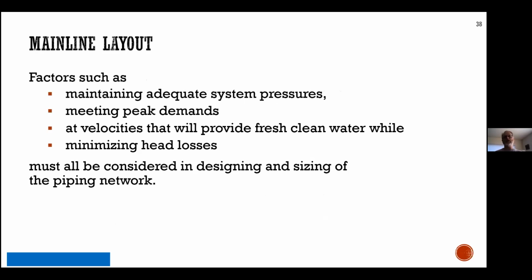Now, how engineers do that, again, preserving the hydraulics, preserving the static and dynamic head in the system. We want to keep enough pressure in the system to meet peak demands, to meet emergency demands, but also minimizing velocity. So we look at different ways of connecting the pipe.